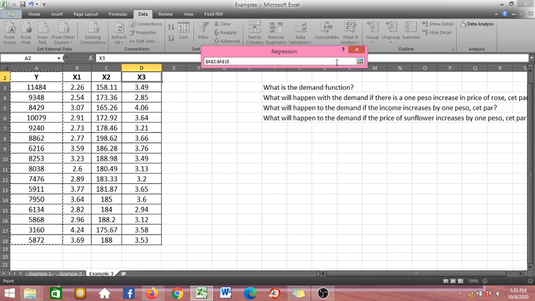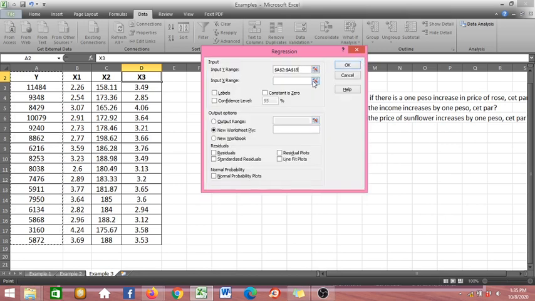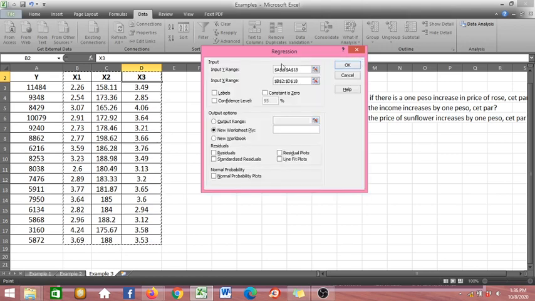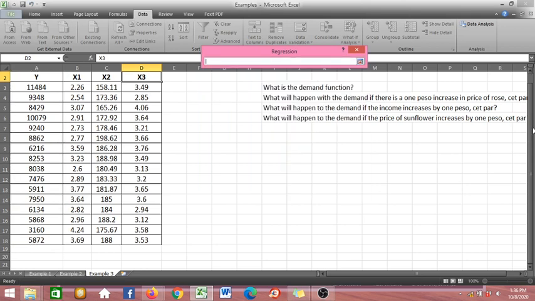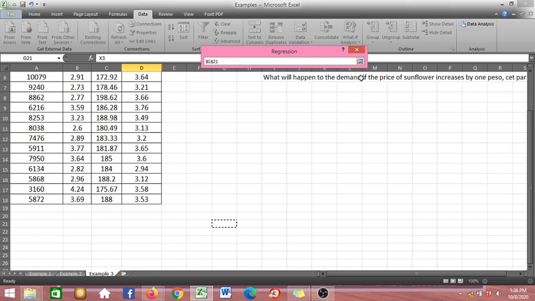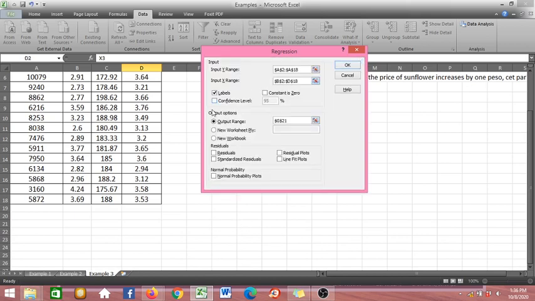Make sure to select all, and then input x range, we can select all of them, x1, x2, x3, and then check the labels, and then for output range, we click here below so that our summary output will appear here. Then everything is okay.